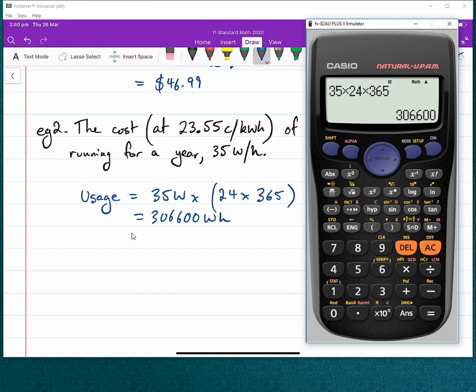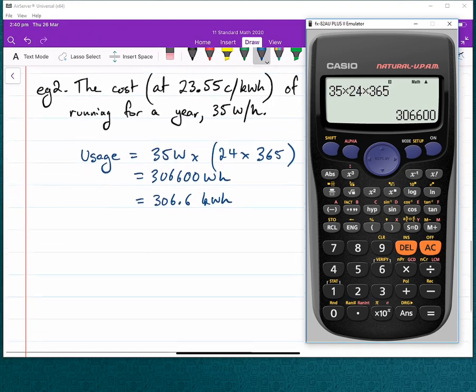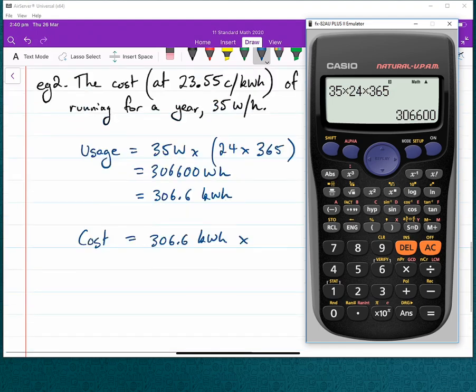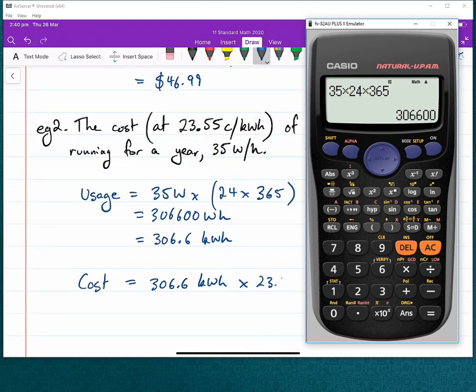That's the same as 306.6 kilowatt hours. Okay, that's what it uses in a year. And then we say the cost is equal to 306.6 kilowatt hours times 23.55 cents per kilowatt hour.